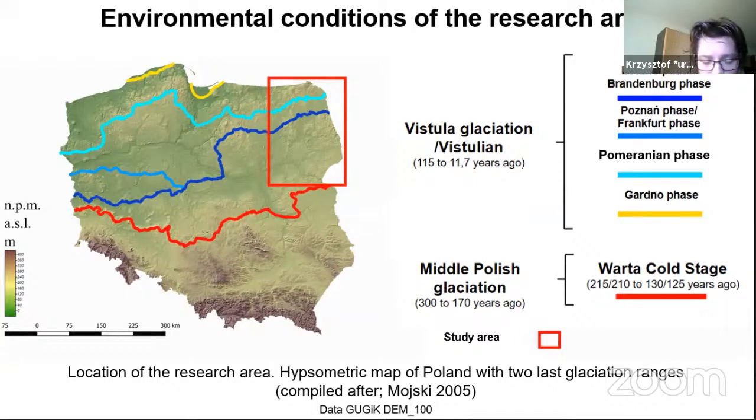The main features of the relief of this area were shaped during the last 2 glaciations: the Middle Polish glaciation in the Warta cold stage that shaped the landscape, and the Wistulian glaciation, which developed it in periglacial conditions.